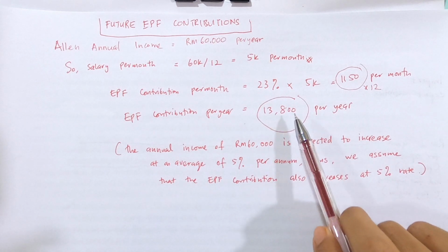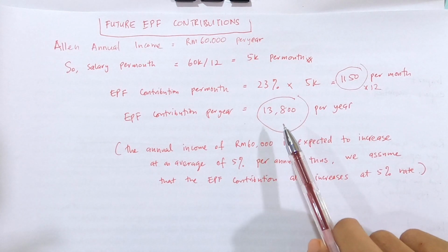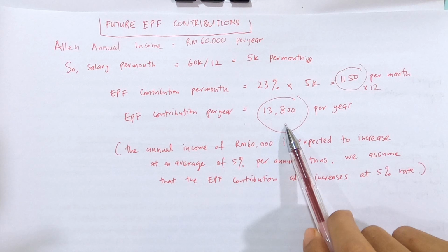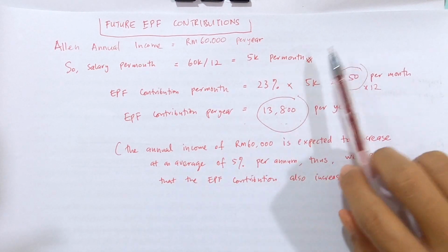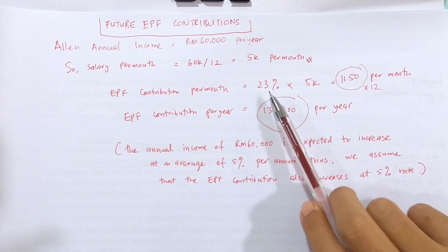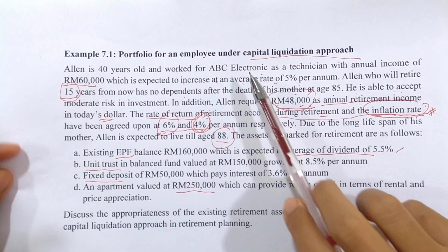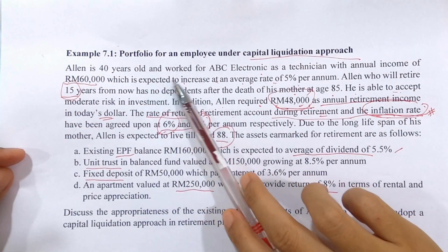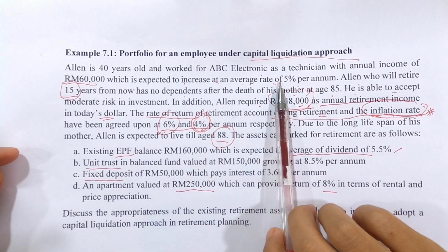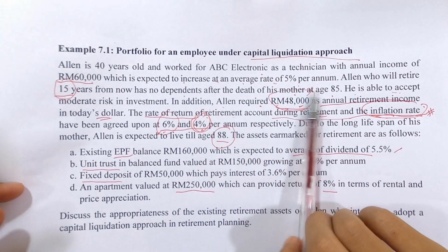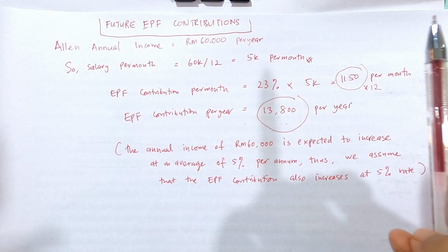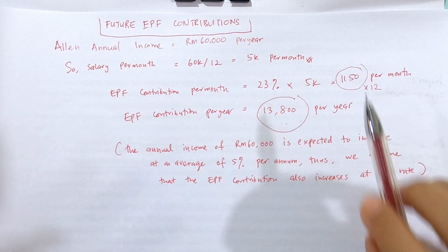So this is our base for calculating the future EPF contribution, that is 13,800 per year, and this is our assumption in our calculation. Given that the question mentions this 60,000 is expected to increase at an average rate of 5% per annum, the future contribution of EPF is not static.